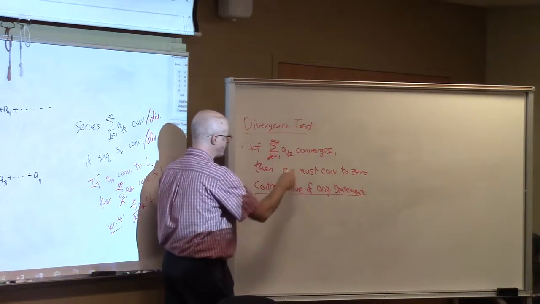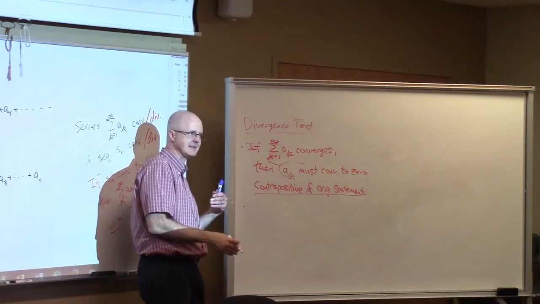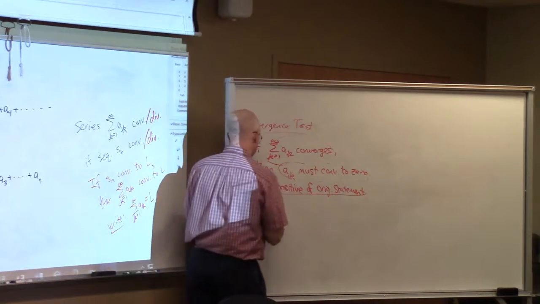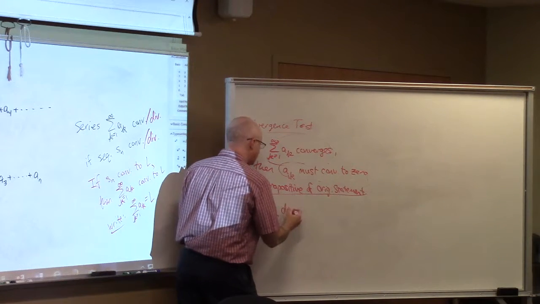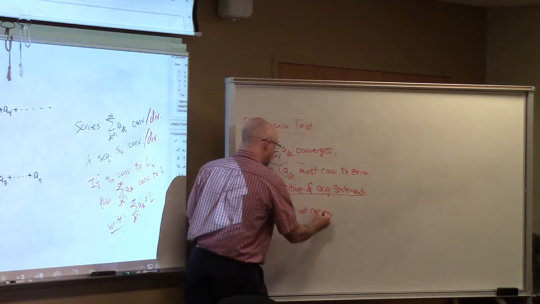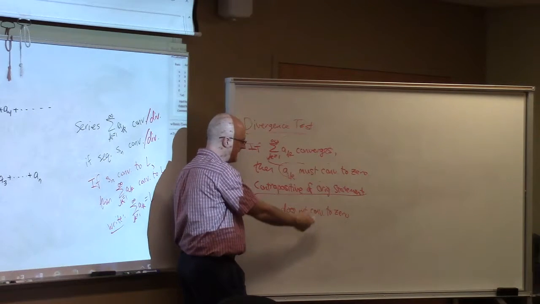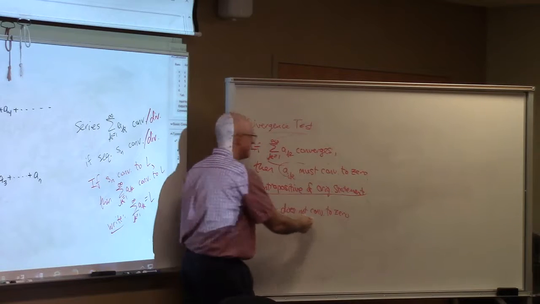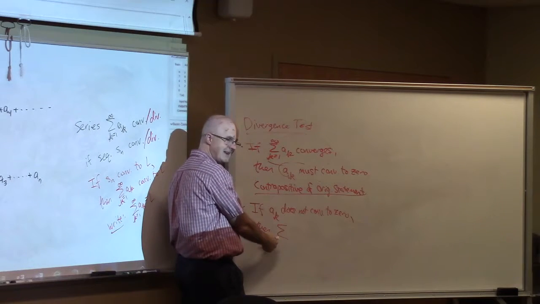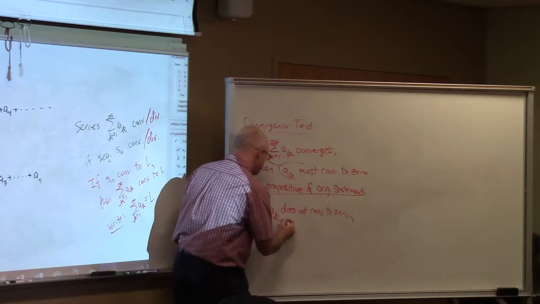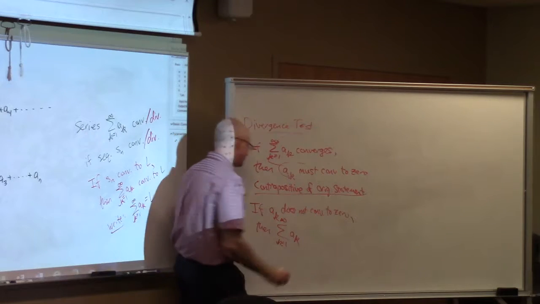I start by saying, if a_k does not converge to 0, so I'm making this thing come after the if now in this contrapositive, and also negating it by putting the word not there, then the original series, now it's going to come after the then, what would it mean to negate this statement? It would mean it does not converge, it diverges.